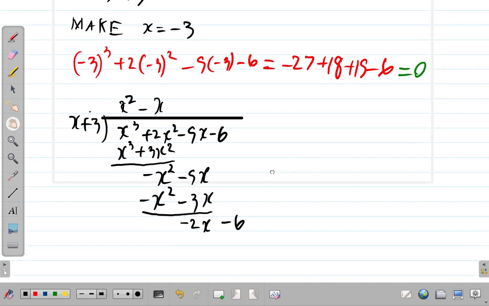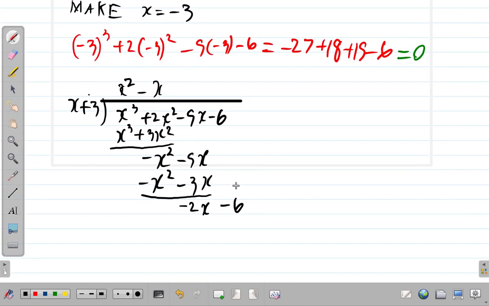Then x into negative 2x goes negative 2. Negative 2 times x is negative 2x, negative 2 times positive 3 is negative 6. When you subtract, these are the same thing, so the remainder is 0.